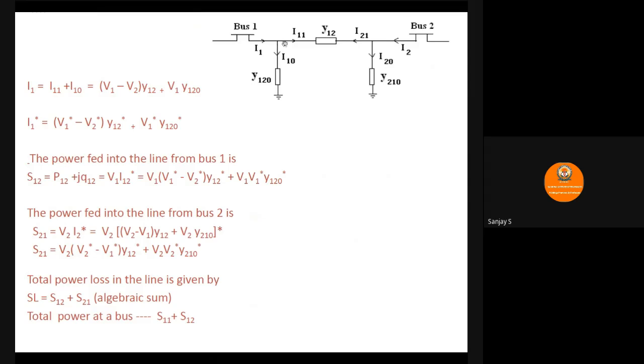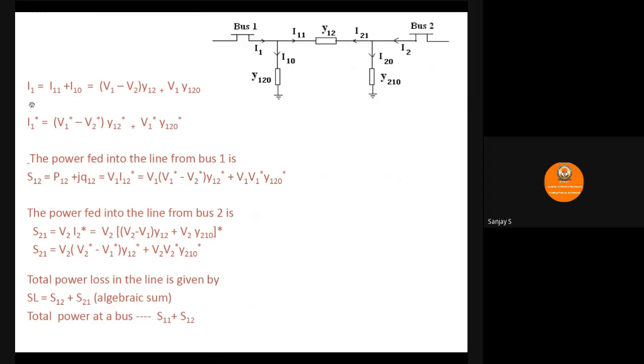So we are interested in expressing I10 and I11 in terms of the corresponding voltage and line admittance, the product of voltage and line admittance. So I11 will be (V1 minus V2) into Y12, the potential difference times admittance, and the current I10 is given by V1 into Y120.